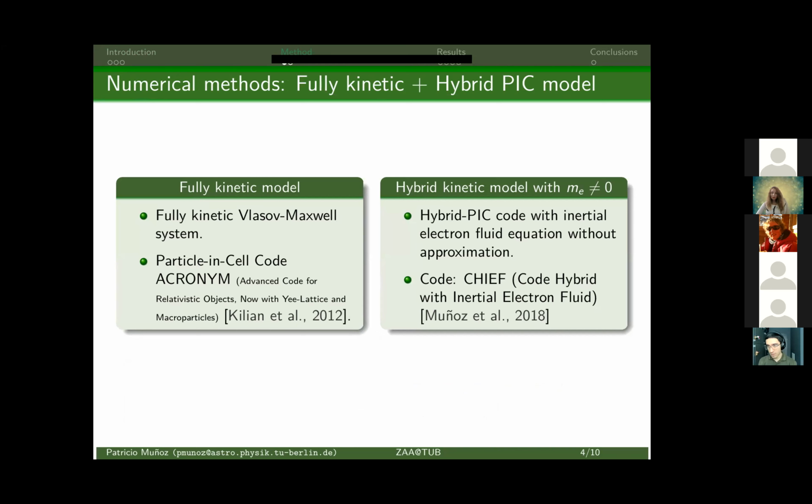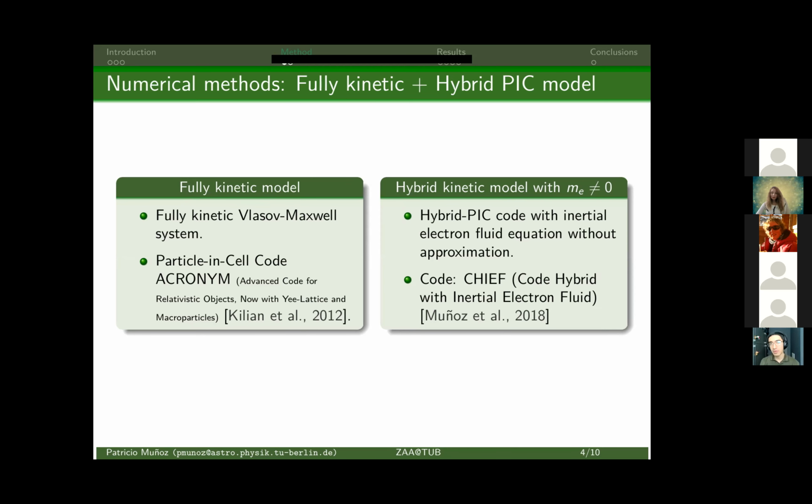One is a fully kinetic particle-in-cell code, which solves the full system of Maxwell equations plus the Vlasov equation for both electrons and ions. On the right panel, there is a very short description of the other numerical approach that we use. That is a hybrid kinetic model with inertial electrons.